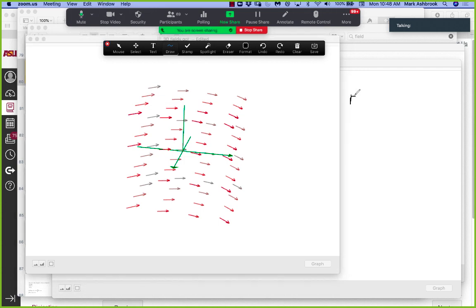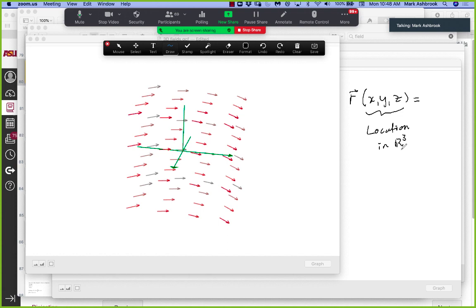So R of x, y, z now. So now this is your location in R3, is your input. And that spits out a vector, and each one of the components of the vector is a function of x, y, and or z.